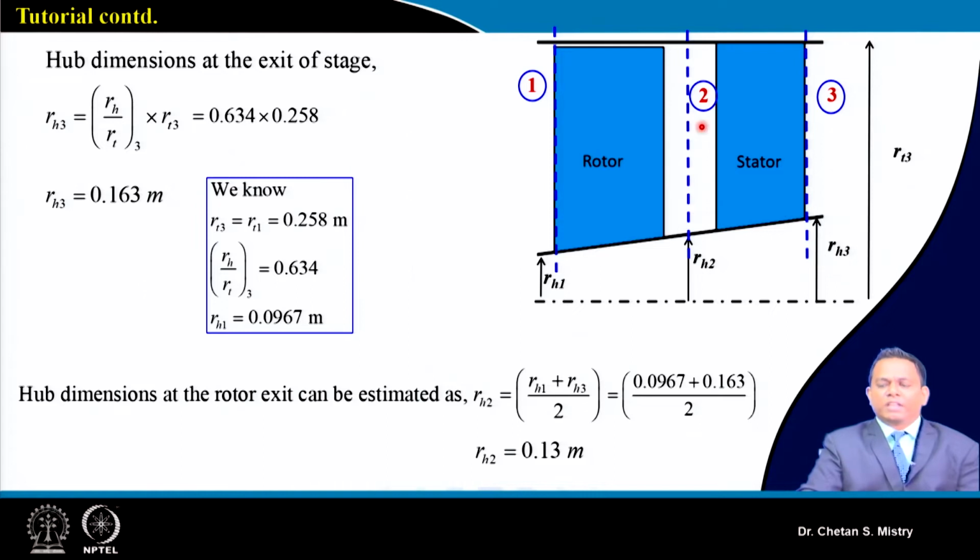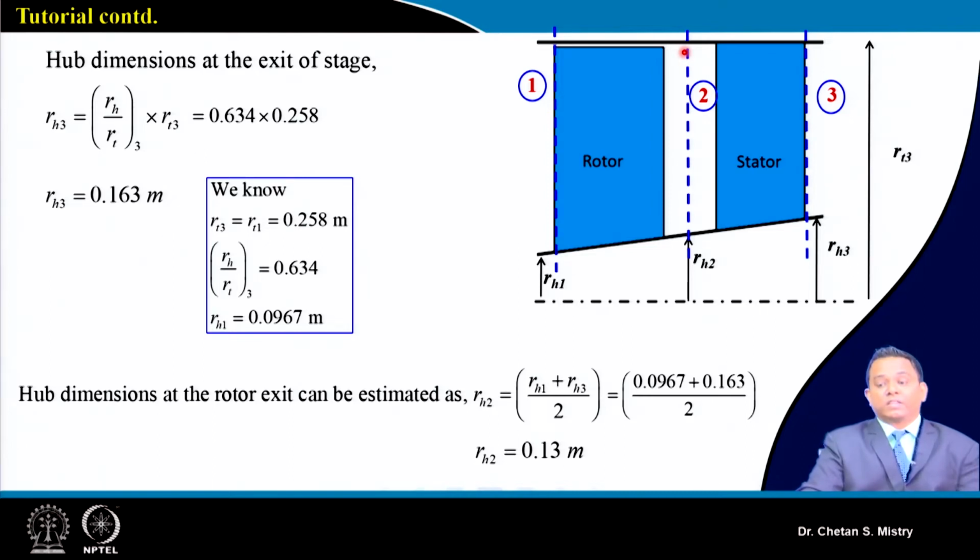Now here in this case I am locating my station 2 somewhere in between stator and rotor. Okay, so if this is your case, you can do your calculation for hub radius safely. Maybe you can take the average of these two at the hub, that gives me my hub radius equal to 0.13 meter. My tip radius, we have assumed to be constant.